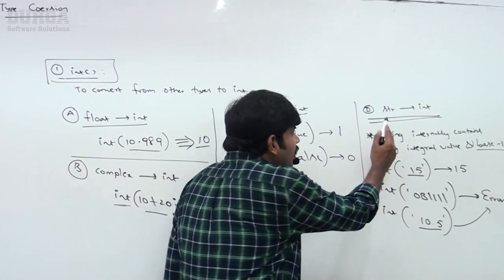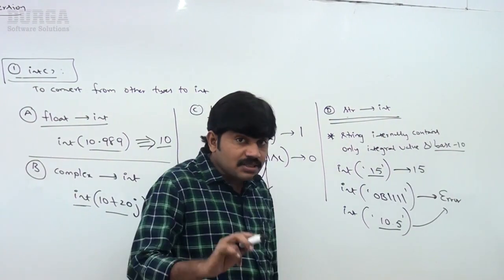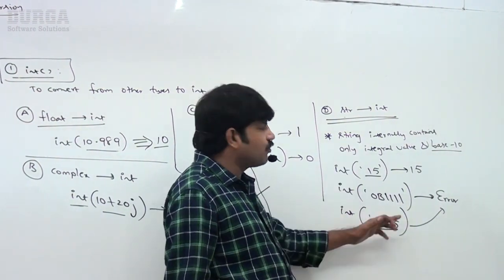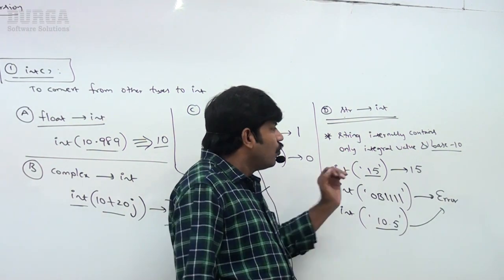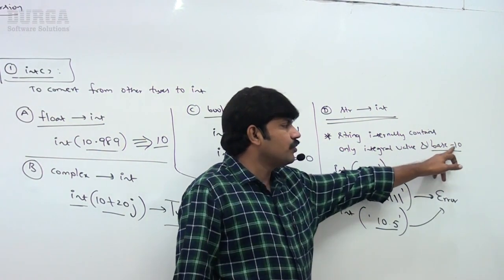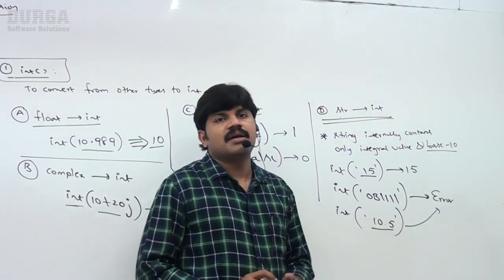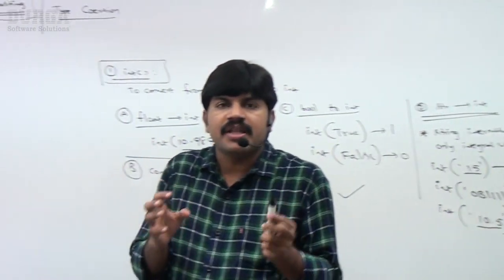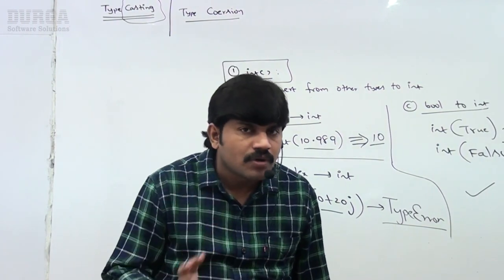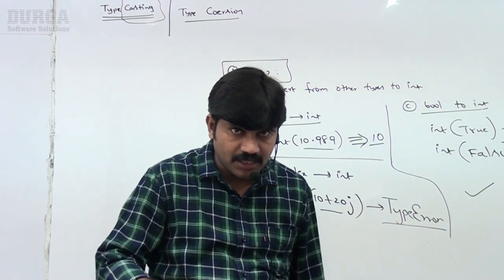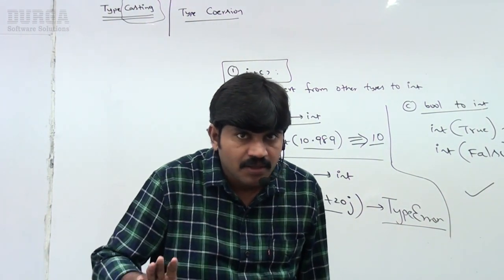Next, string to int: possible, but the string should contain only an integral value and we should use base 10 only. That's all, sir. These are the important rules related to the int function to convert other types to int type. Any doubt about this? Clear, right?